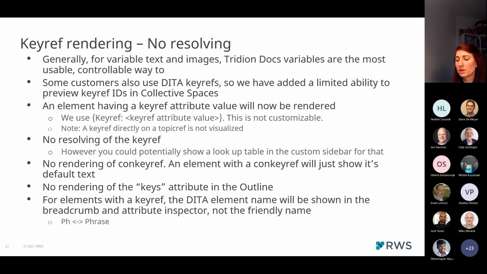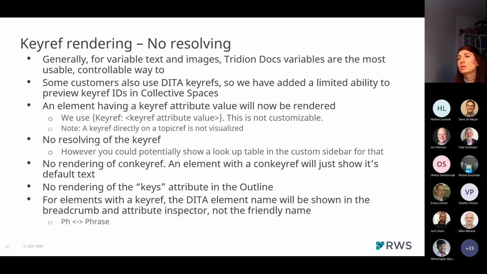Generally speaking, for variables, text and images, variables are the most usable, controllable way. Sometimes customers use keyref in the document title or in the content, on certain elements like images or just the content itself.